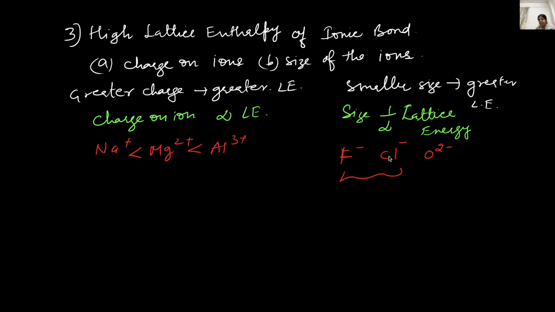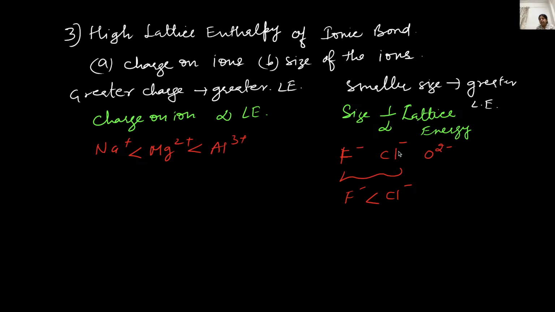Cl negative has the larger size, so F negative will have the higher value of lattice energy, students. Have you understood? Because of its small size, F negative will have the higher lattice energy.